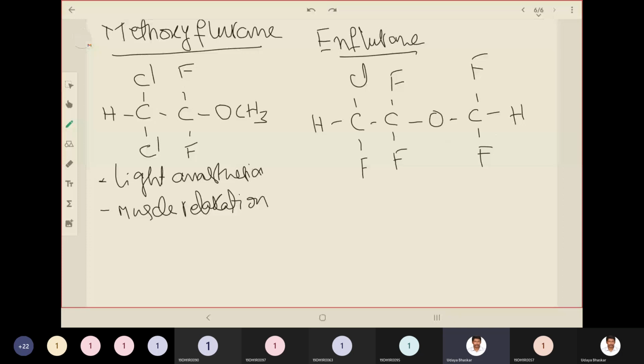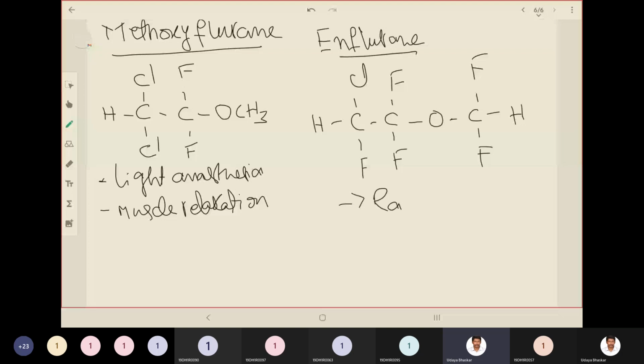So what are the properties of enflurane as an inhalational anesthetic? It provides rapid induction. And one must remember that it should not be used in patients with convulsive disorders.